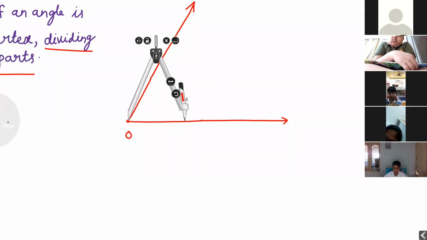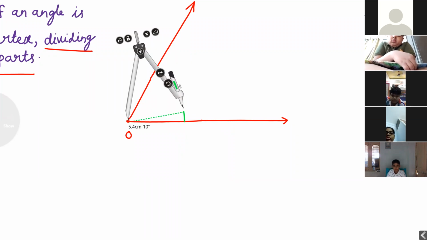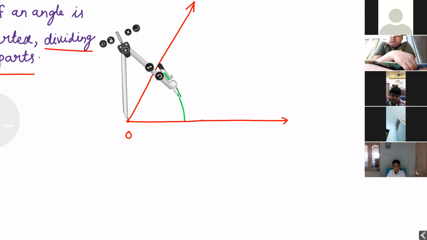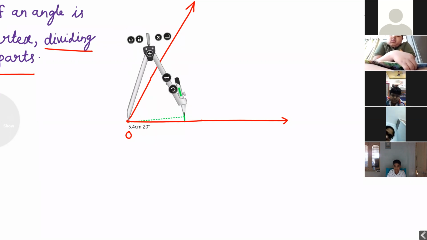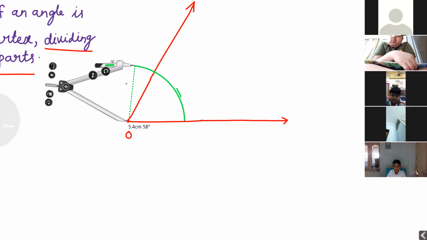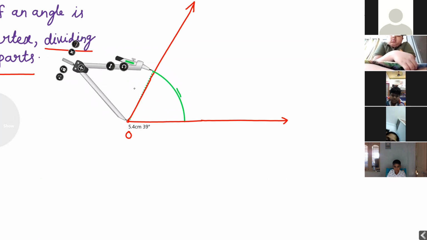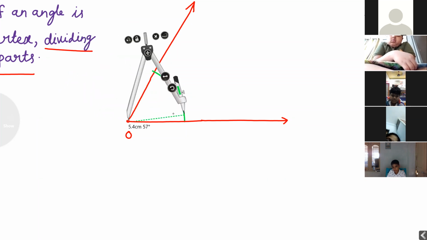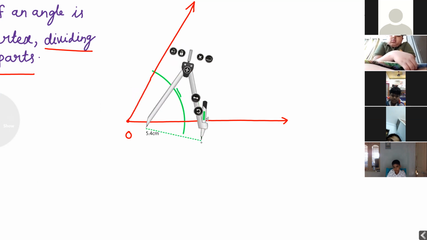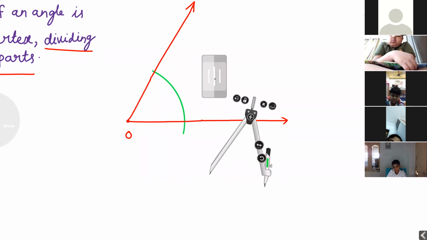I want to draw one arc. Okay, I have drawn one arc.